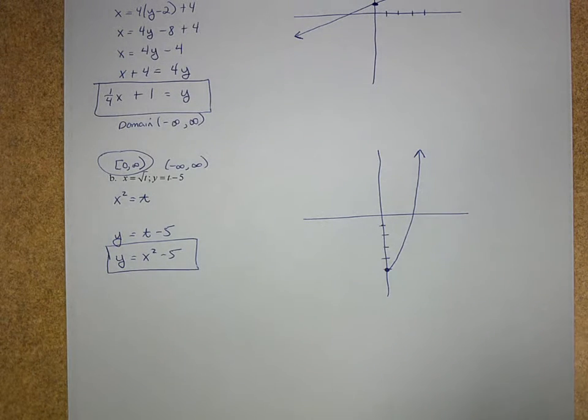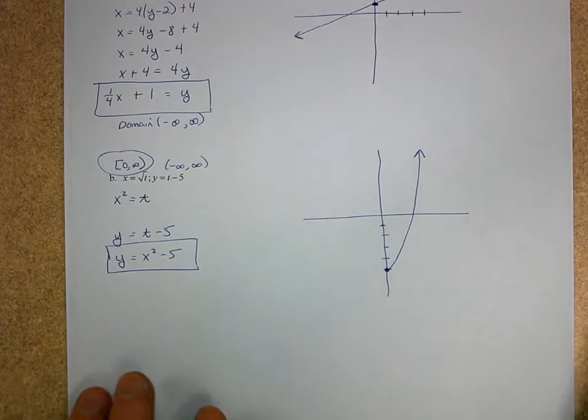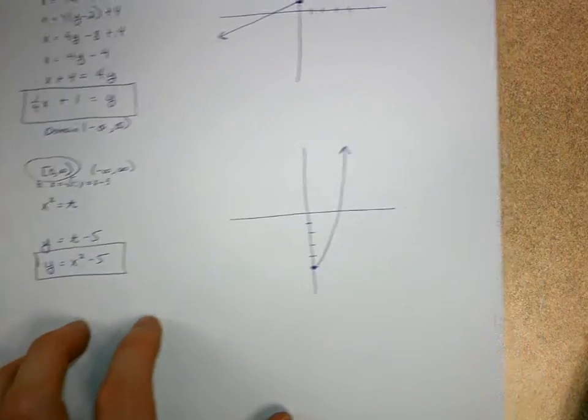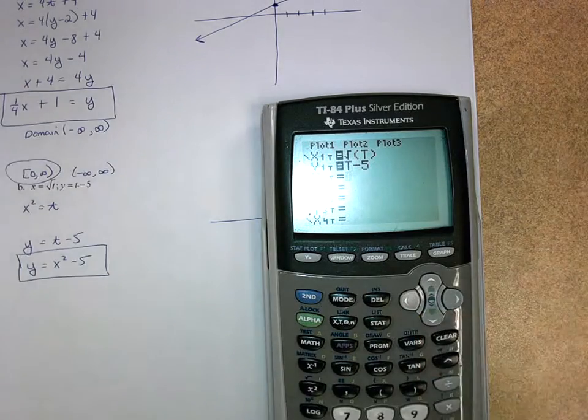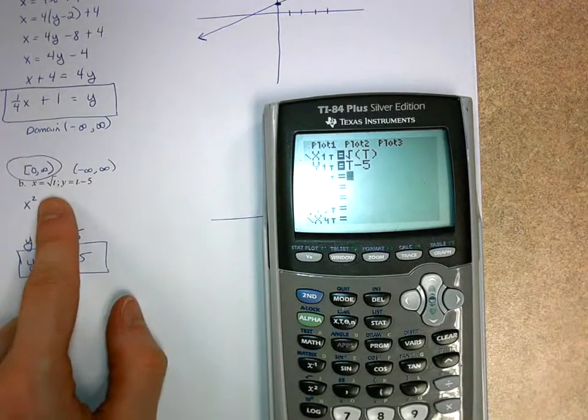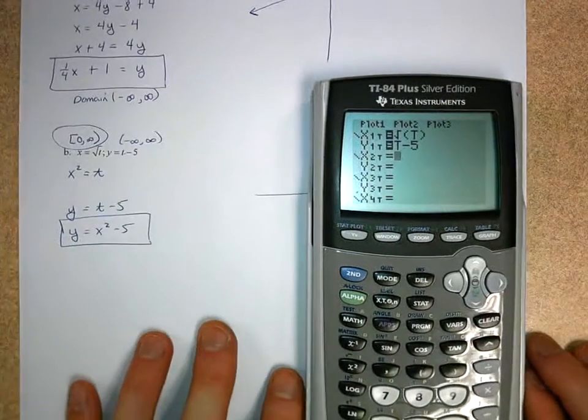And we could confirm that on our graphing calculator, and I think that would be a good thing to do for this equation. If I go to my calculator, let me move this off to the side here, and then go to my parametric form, my original is x equals the square root of t, y equals t minus 5.